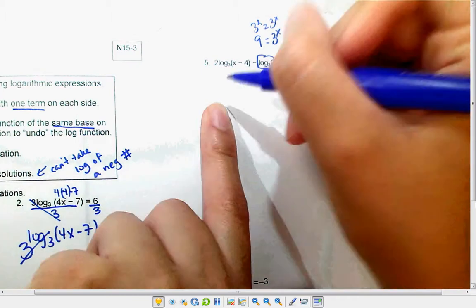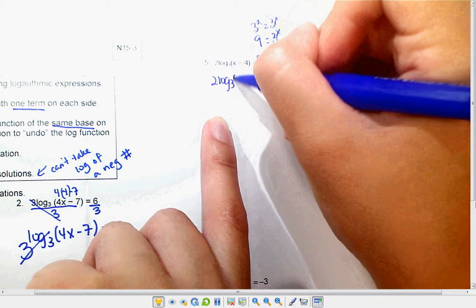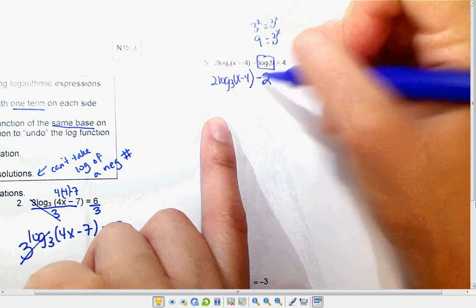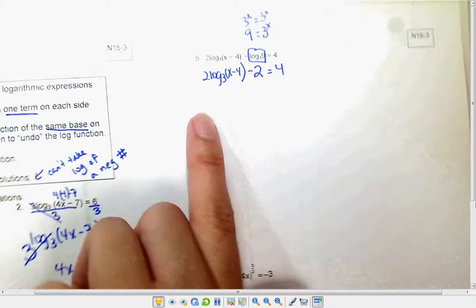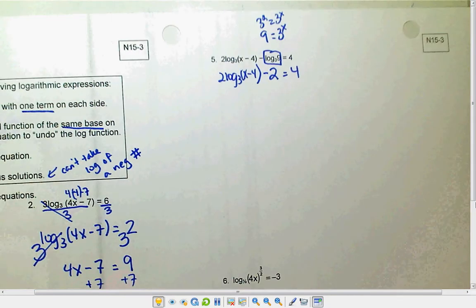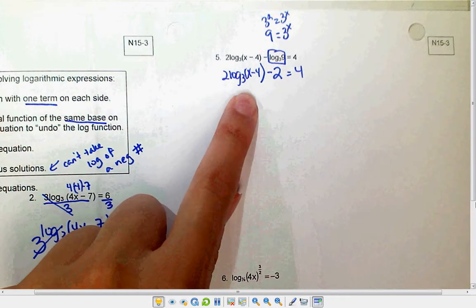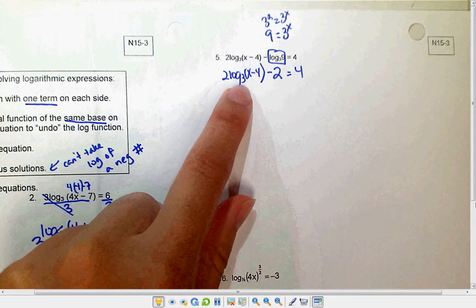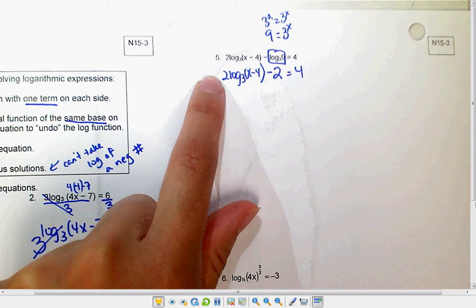So we can rewrite this entire equation knowing that log base 3 of 9 is just 2. If you have something you can simplify to a number, you should do that. And now we're solving this again, so we're trying to get the log by itself, just one term. So I need to get rid of this minus 2 and this 2.